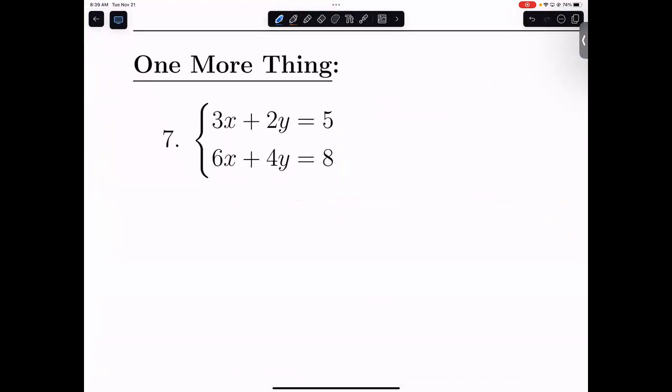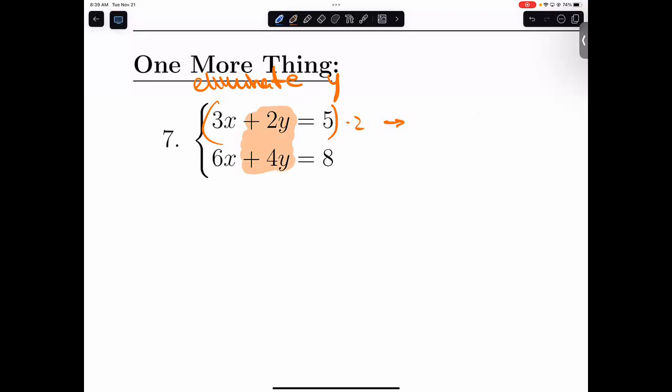How would you solve this system? Okay, eliminate what? Okay. Let's eliminate y. Or eliminating, is all I like to call it. Eliminate y. How would we eliminate y? First one times 2.